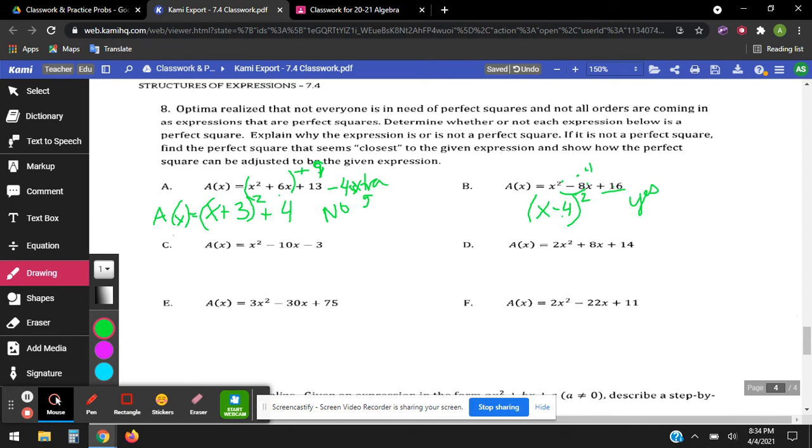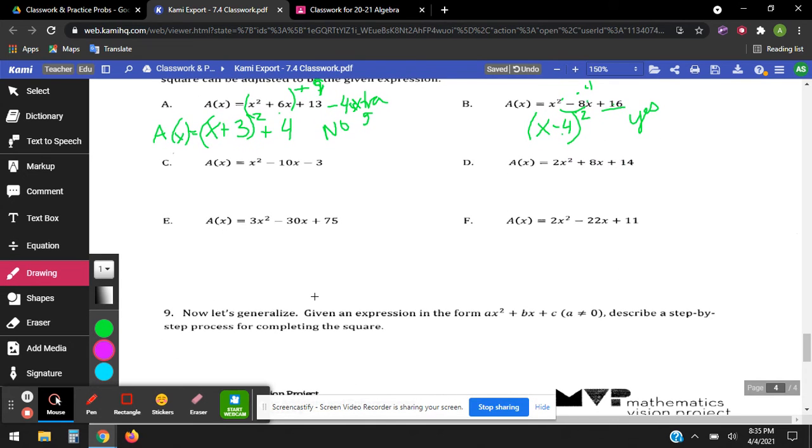We're good. Okay, so for C, let's do purple for this one. Okay, I'm going to scroll this up. So just looking at these guys, it would be x minus half of 10, which is 5. And so if I were to fill in the blank, I would need to have plus 25. Well, I have a minus 3. So I have less, not even 25, not even 3. I have negative 3.